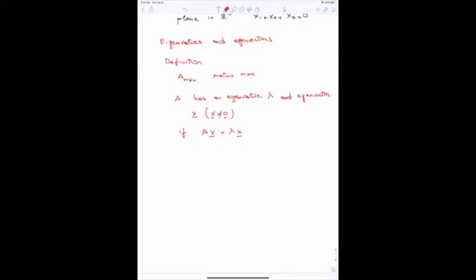Some people also write it in the form Ax minus lambda x equals 0, or A minus lambda times the identity times x equals 0. This is just a different notation, but that's exactly the same thing.